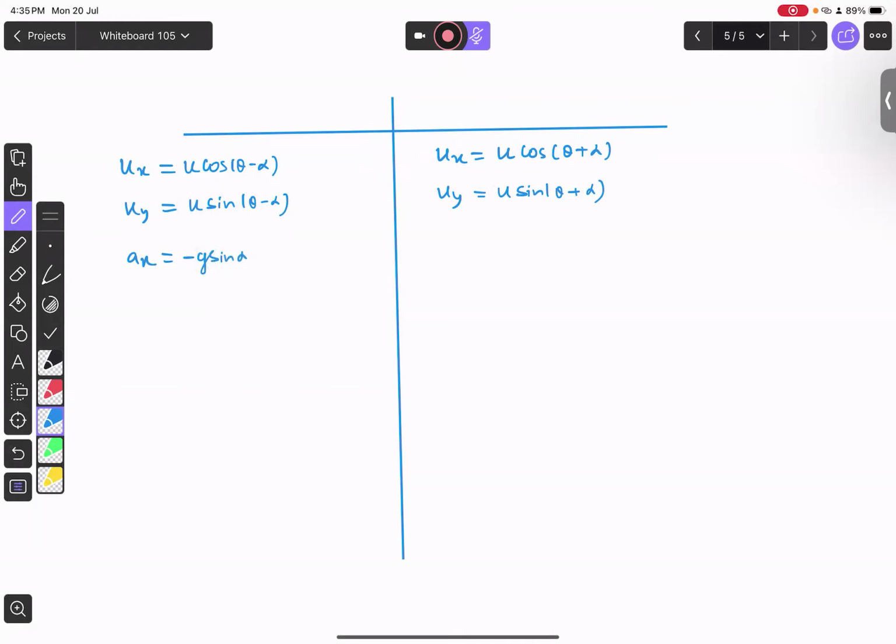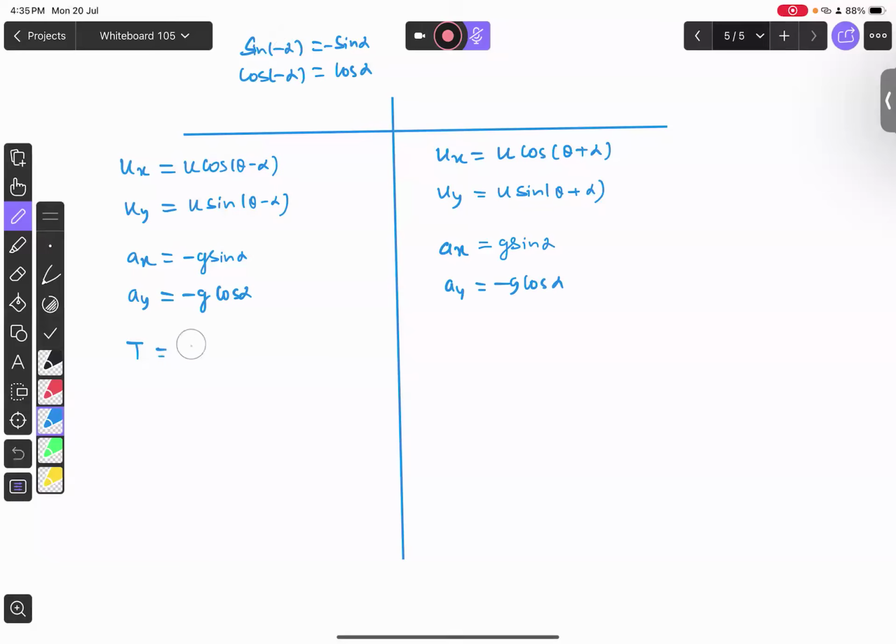Replace alpha with minus alpha, and sine of minus alpha will be minus sine alpha, cos of minus alpha will be cos alpha. So Ax will be g sin alpha. Ay here is minus g cos alpha, and here also Ay will be minus g cos alpha.